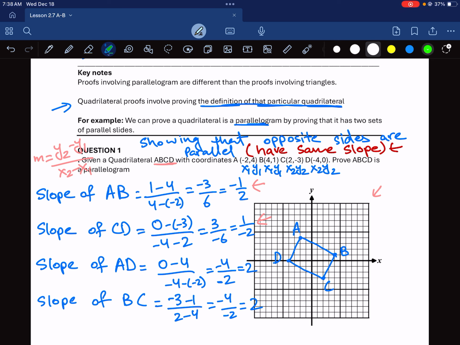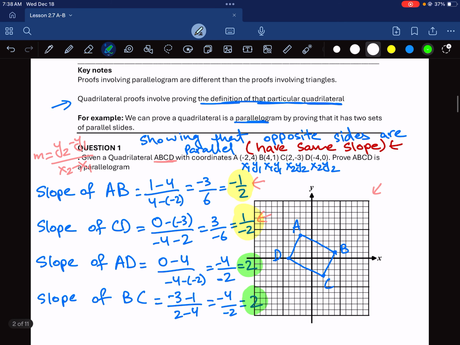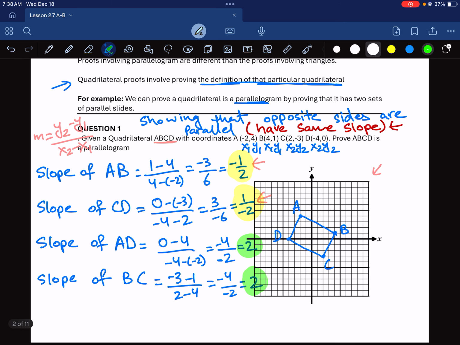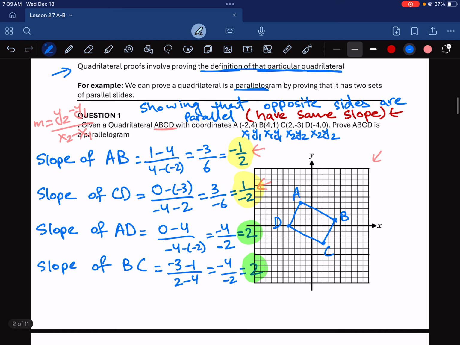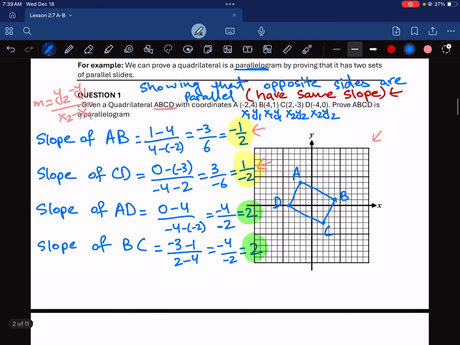Now you can see how these two slopes are the same, and these two slopes are also the same. So that means we just proved that it is a parallelogram because opposite sides are parallel since they have the same slope.